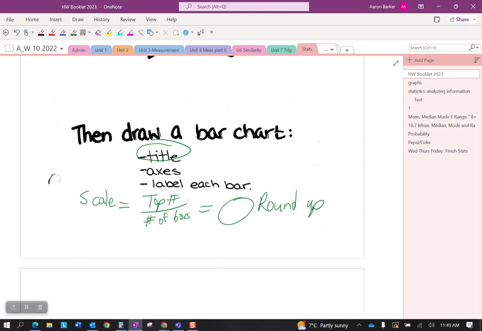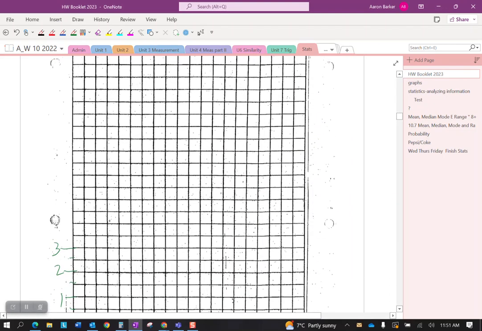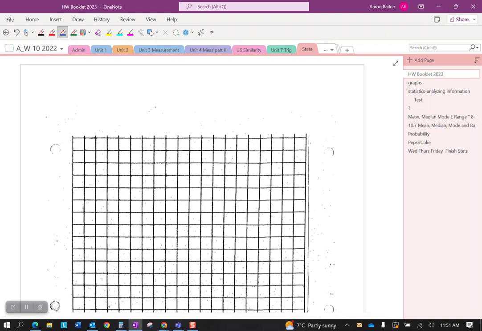At the very bottom, write it down, Darian. After you've got your scale, then you can do your bar graph for your favorite pizza type.